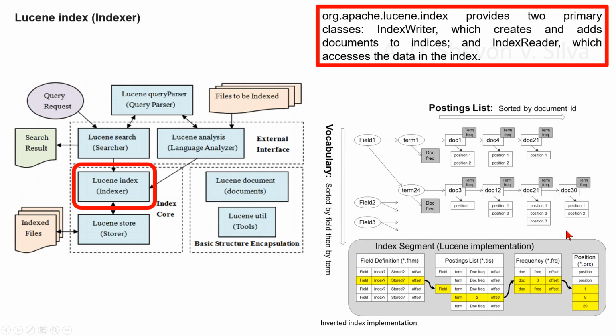Here you can see the inverted index implementation. First we discuss the index structure. Both document and query are represented as a bag of words. In Apache Lucene, a document is the basic unit for storage and retrieval. A document contains multiple fields, also called zones.